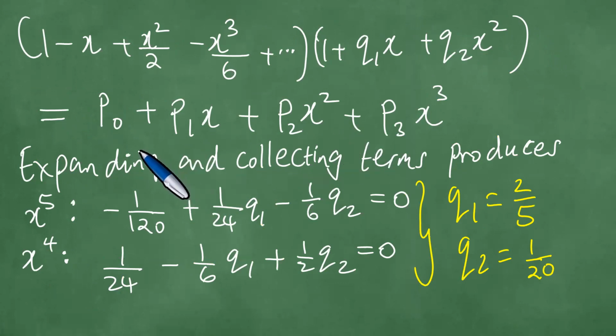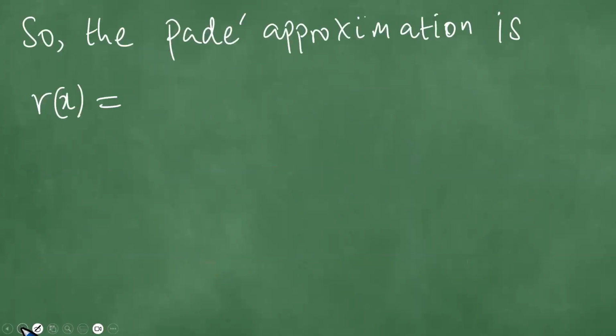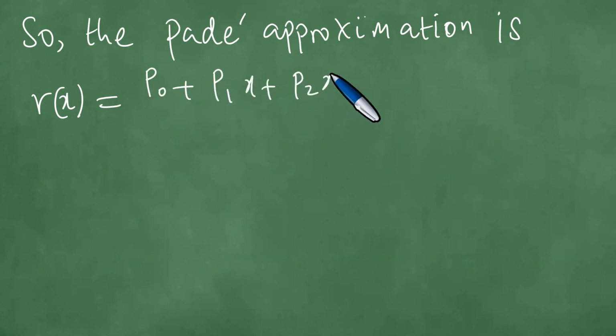So it becomes the p0, p1x, p2x squared, and so on to p3x cubed, and then the q's will be this one here, which is the p naught plus p1x plus p2x squared plus p3x cubed.